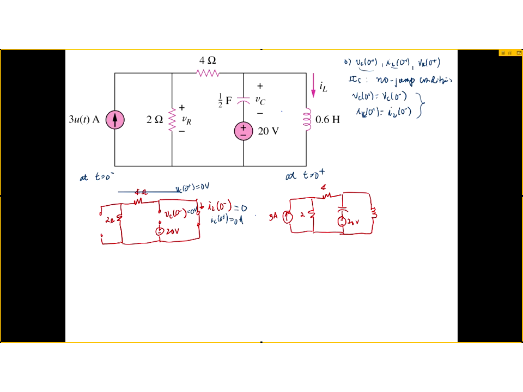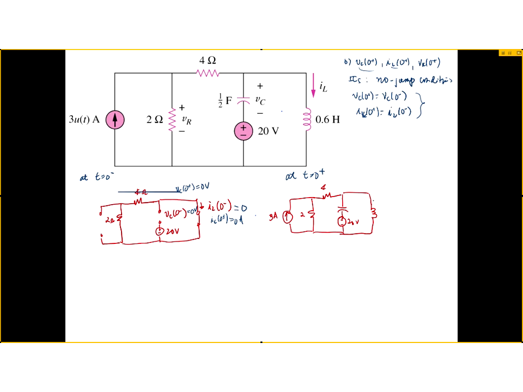So what do we know at t equals 0 plus? There are only 2 things we know about 0 plus. And what are they? Yes, the 2 no jump conditions. So these 2 things that I found here, we'll go to t equals 0 plus because of the no jump condition.